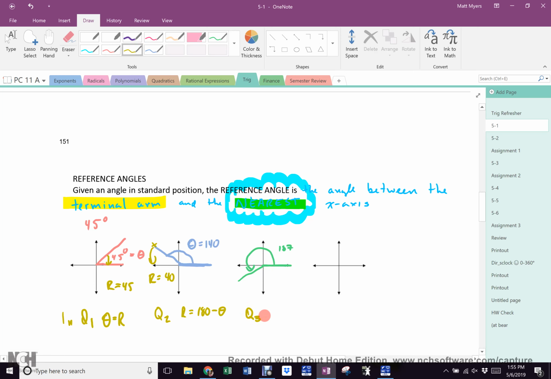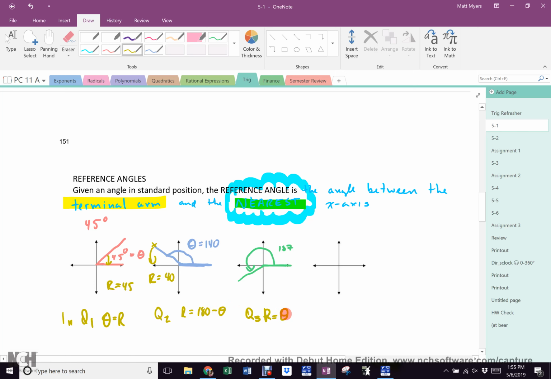Quadrant 3, what does our reference angle equal? If in quadrant 2 it's 180 minus theta, what is it in quadrant 3?